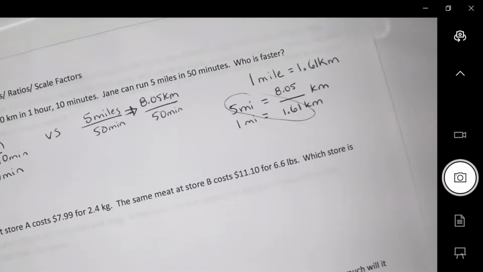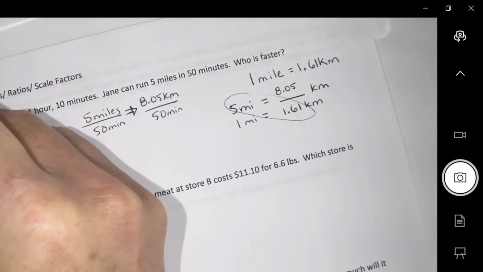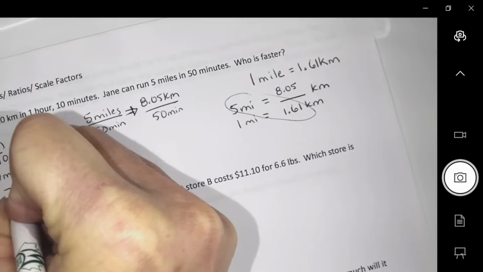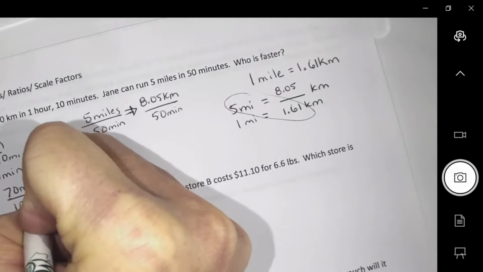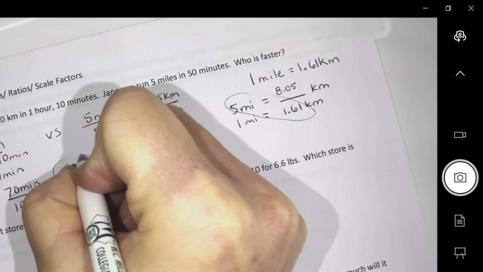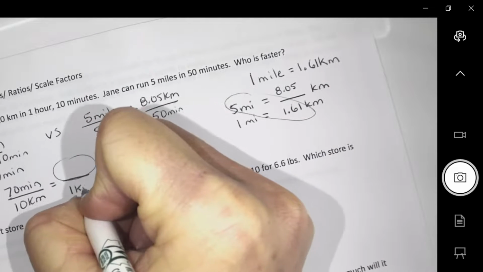Actually, I should have maybe written this the other way. When you're doing a running race, what makes more sense to you? How many kilometers per minute or how many minutes per kilometer? How many minutes per kilometer. Yeah, so I'm going to flip this fraction around. So 70 minutes divided by 10 kilometers is how many minutes to run a kilometer?